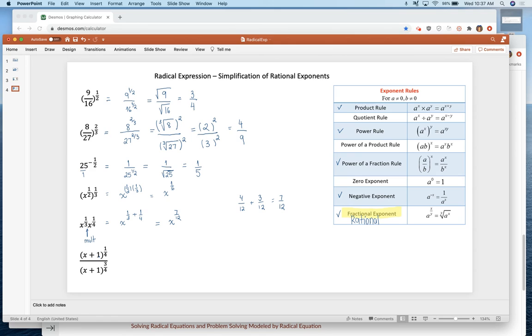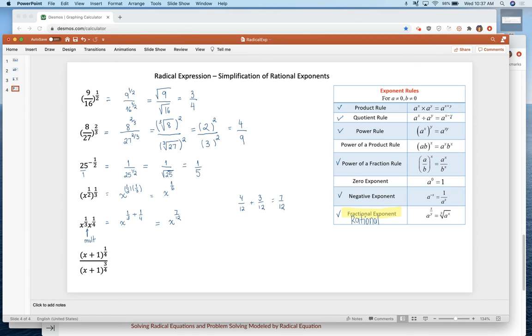Here you have a division, and I may represent it as a fraction, but I know that the line between numerator and denominator represents division. So this is a quotient rule. Do both exponents have the same base? Yes, they do. X plus 1, x plus 1. And then what do I do with their exponent?